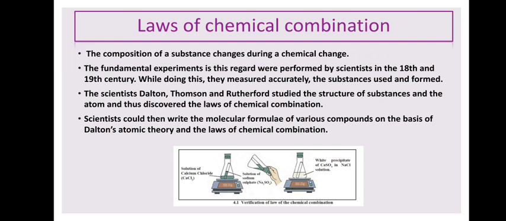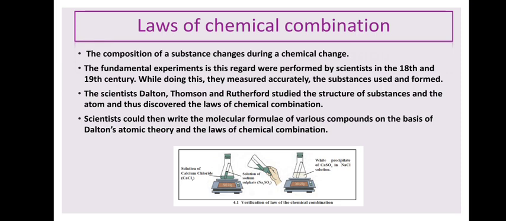Okay, now let's start with the laws of chemical combination. The composition of a substance changes during a chemical change. We are talking about a chemical change, so there must be a reaction taking place. The fundamental experiments in this regard were performed by scientists in the 18th and 19th century.